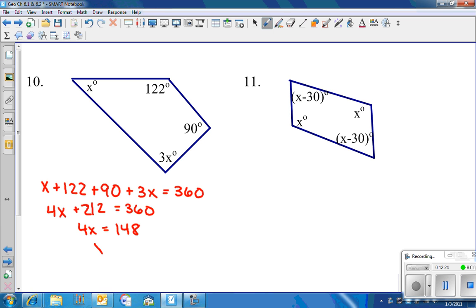Divide by 4. Okay, so now I found x is 37 degrees. But this angle measurement here is 3 times x. So 3 times x equals 3 times 37, which equals 111. So this angle right here is 111 degrees.